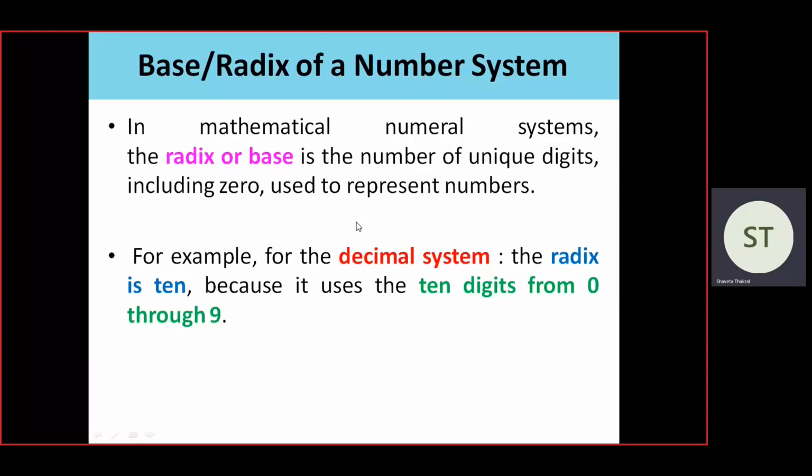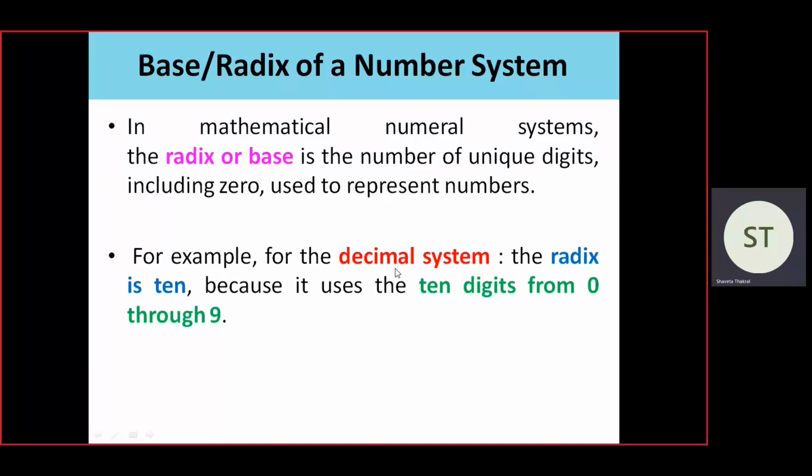So how do we define the base or radix of a number system? In the mathematical numeral system, the radix or base is basically the number of unique digits including the 0. That means any big number in a particular number system can be expressed as a combination of those unique digits.